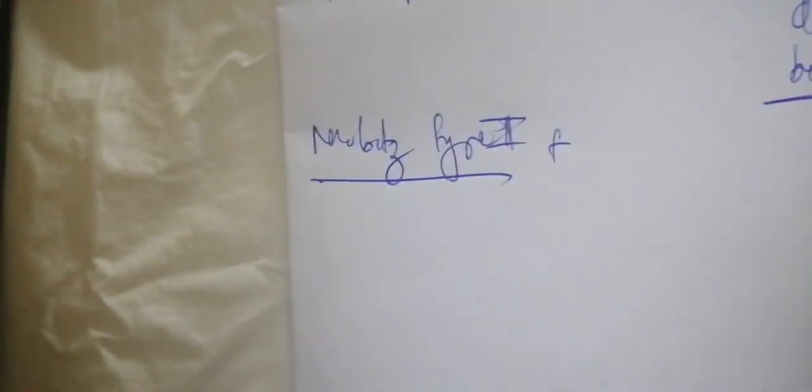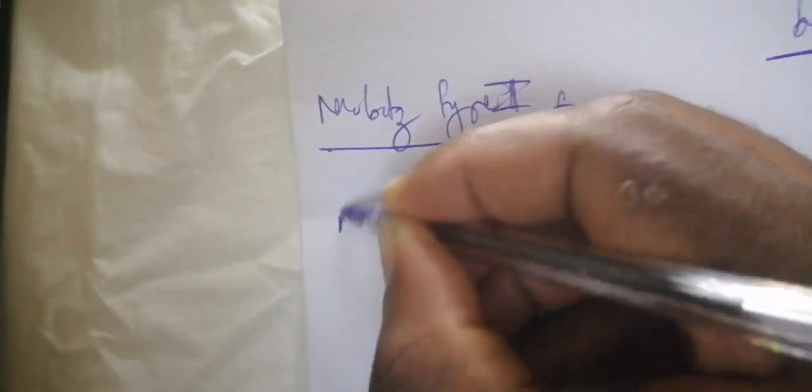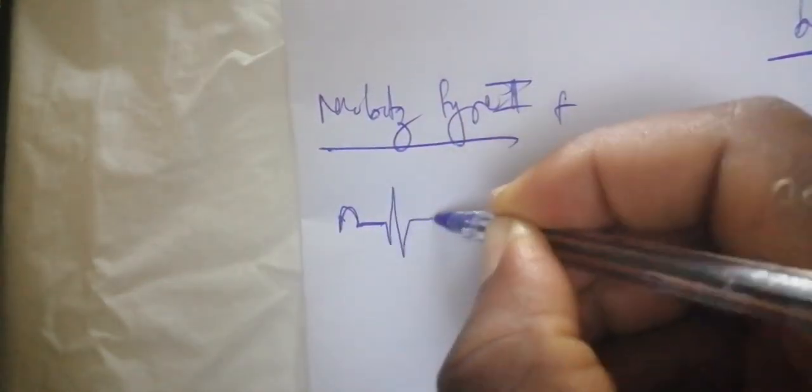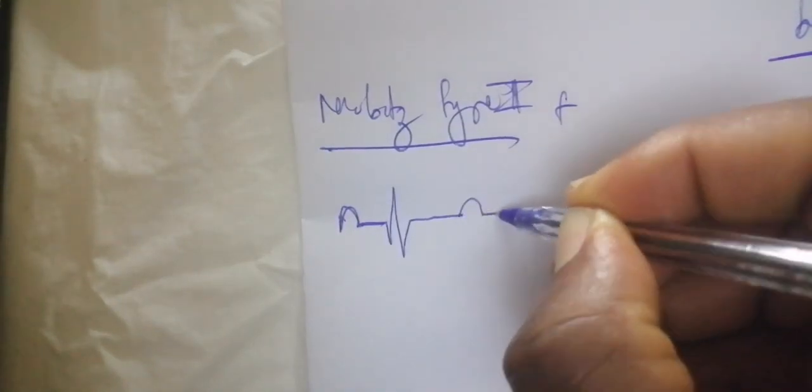Now after that, we also have what is called Mobitz type 2. Is it clear? Mobitz type 2 is not going to follow this Wenckebach pattern. So in this case, you just have a PR interval prolongation. Is it clear?